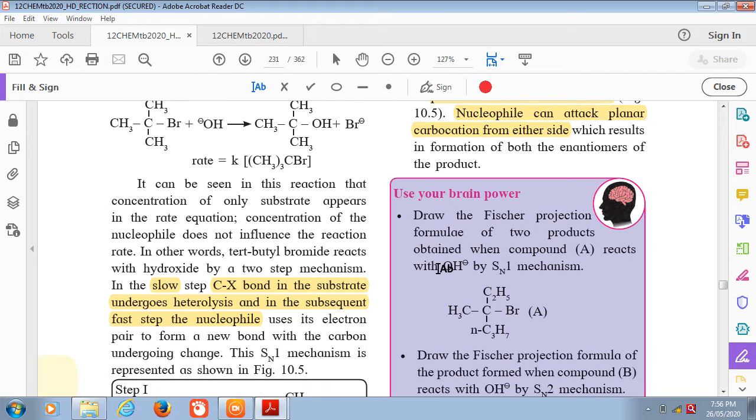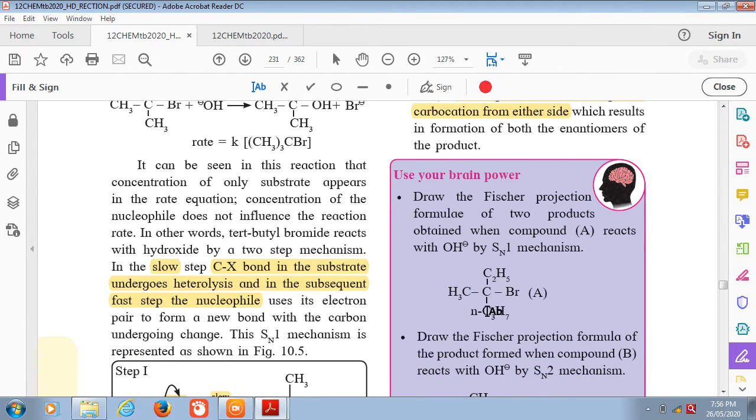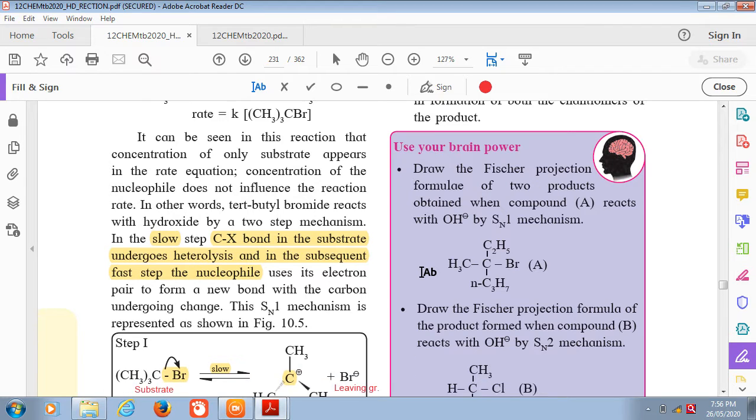So draw the Fischer projection. You can draw the Fischer projection of this molecule and write down the two products when this compound A reacts with the nucleophile OH minus.